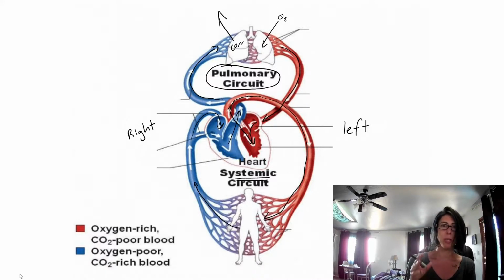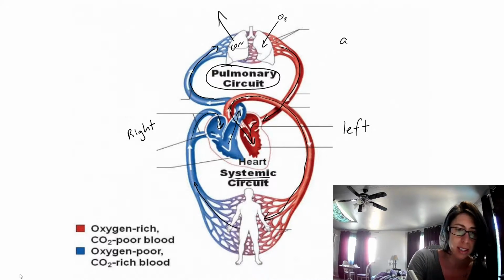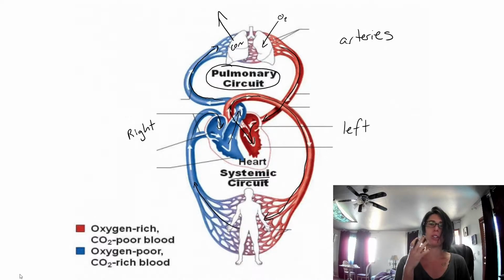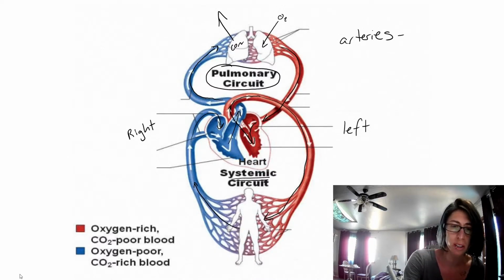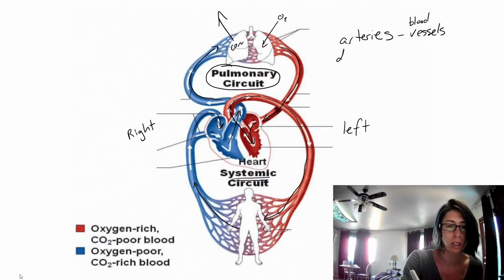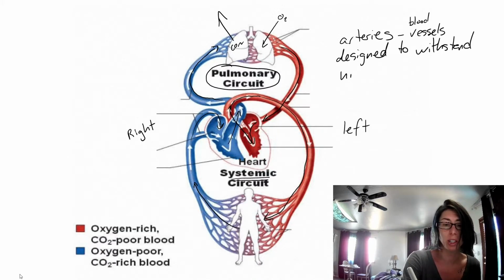The difference between veins and arteries is how much blood pressure they have to withstand. Arteries are vessels designed to withstand high pressure. So these are blood vessels designed to withstand high pressure.